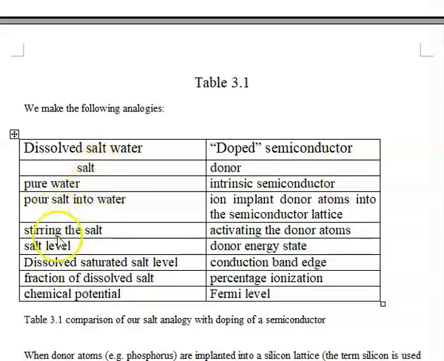How do we do that? We just pour salt into the water. Well, that's not all we have to do, however. In order to get that salt to dissolve, a good idea is to stir it up. Take a spoon and stir it up vigorously, and that ensures that the salt will dissolve in the water if the temperature is high enough and if we don't have too much salt already dissolved.